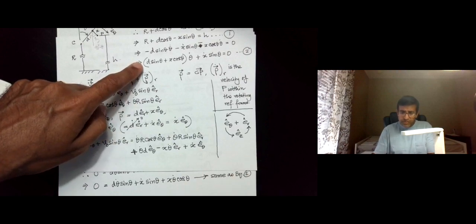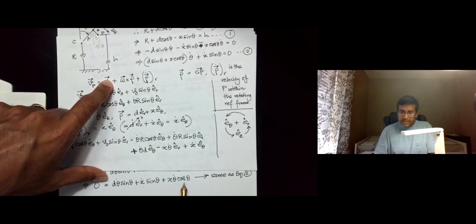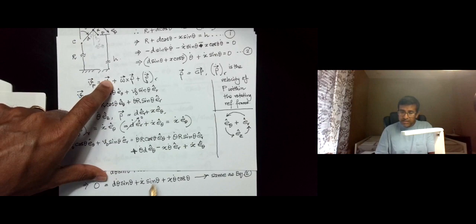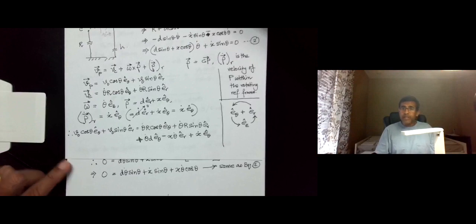So note equation 2. Equation 2 had d theta dot sine theta plus x theta dot cosine theta, plus x dot sine theta, is equal to 0. So we verify that indeed equation 2 has the same information as equations 3 and 4.